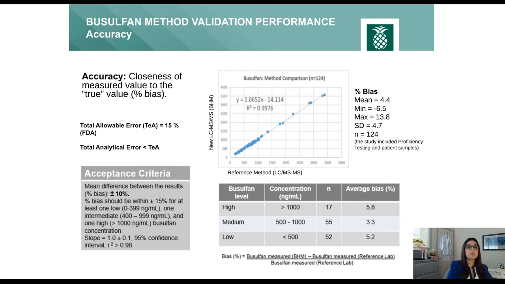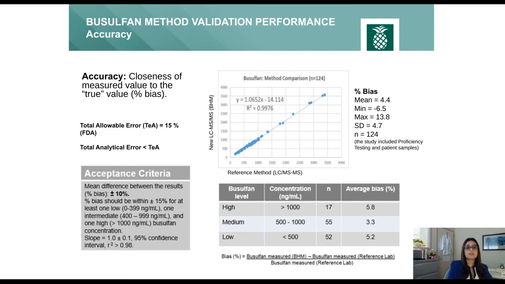An accurate quantification of busulfan concentration is the key for effective drug monitoring and maximization of its therapeutic effects. The accuracy was evaluated comparing 124 samples, including patient samples and proficiency testing specimens, with a validated mass spec method.